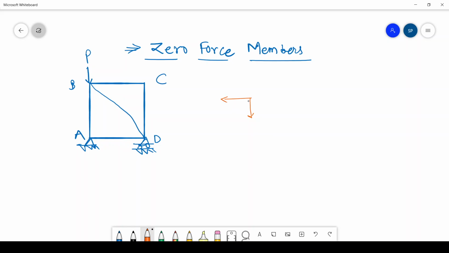If I draw a free body diagram, there will be a force along CB and a force along CD.